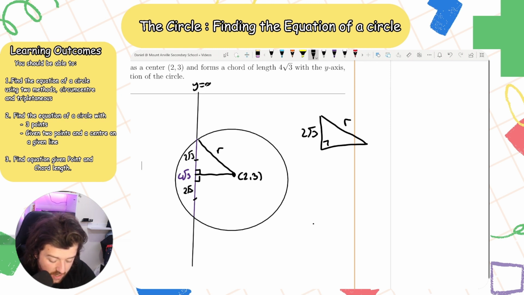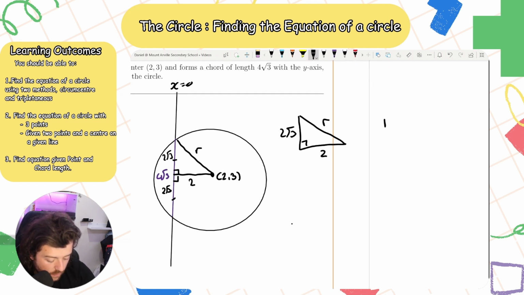Well, this is the y-axis, so x is 0 here on the y-axis. Therefore, from here to here it's going to be a unit of 2, because I'm starting at x is 0 and I'm ending when x is equal to 2. So that length is equal to 2.